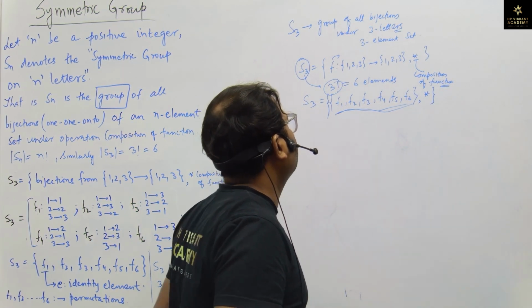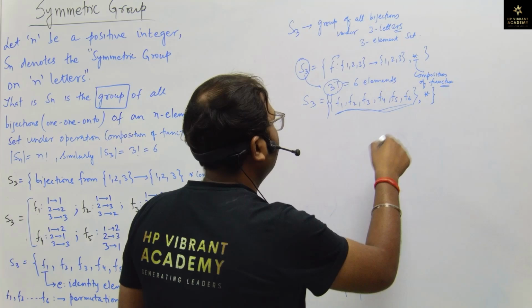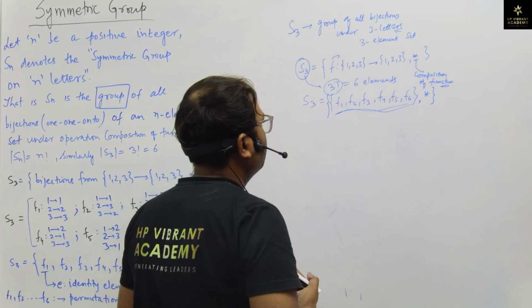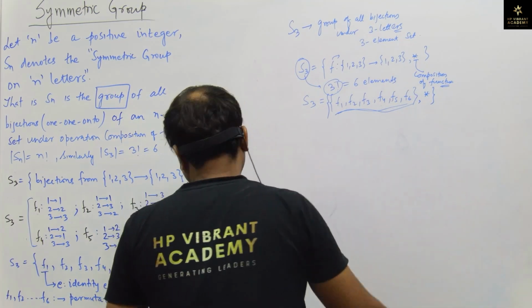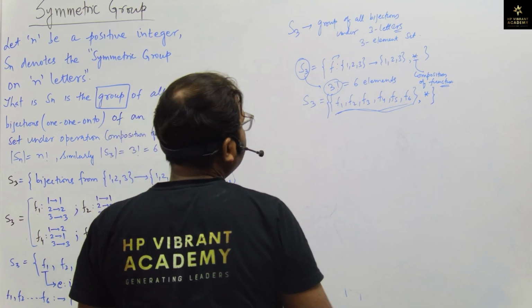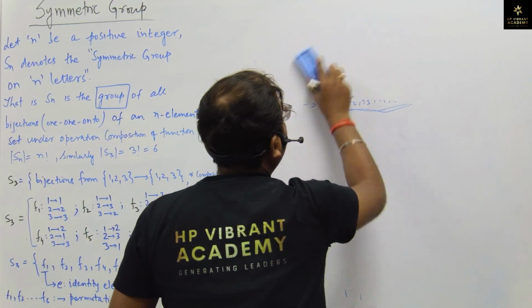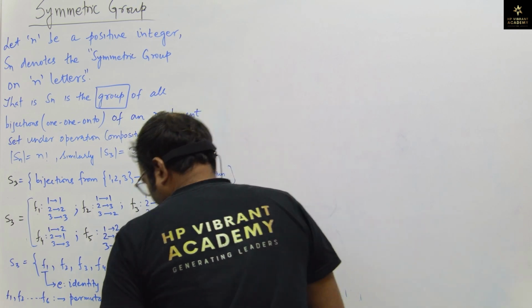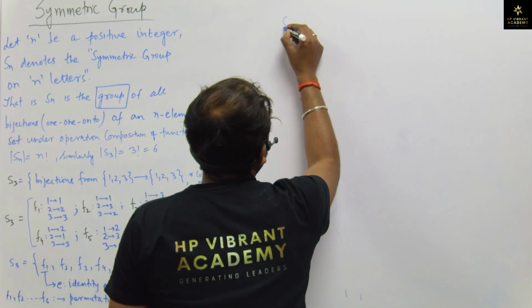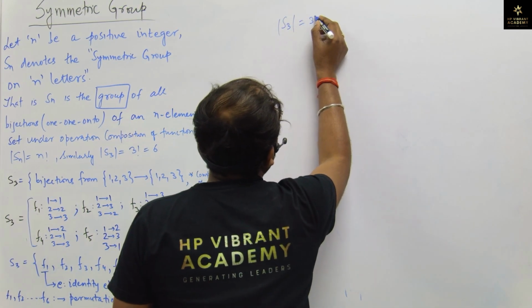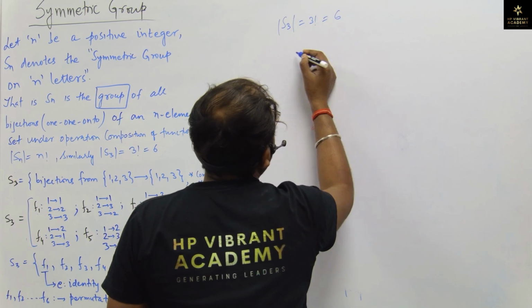Let us try to find this F1, F2, F3, F4 and F5. So let us do the mapping. The order of S3 is 3 factorial, that is 6, so the number of elements is 6.